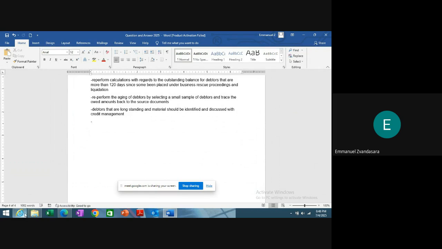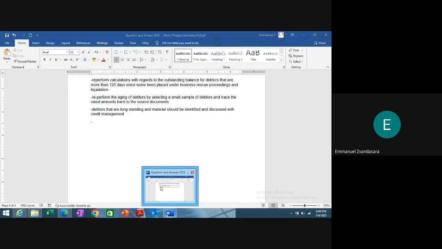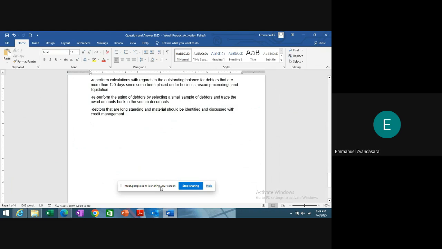Our question is saying you have already performed all the applicable analytical procedures on debtors' accounts, so we should not perform analytical procedures. Okay.